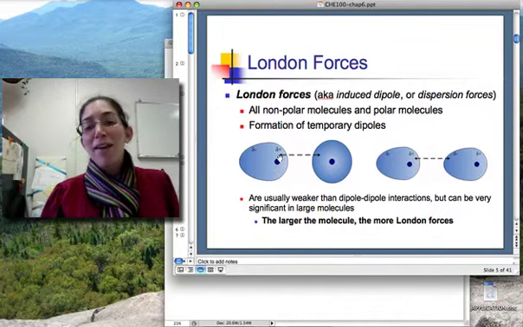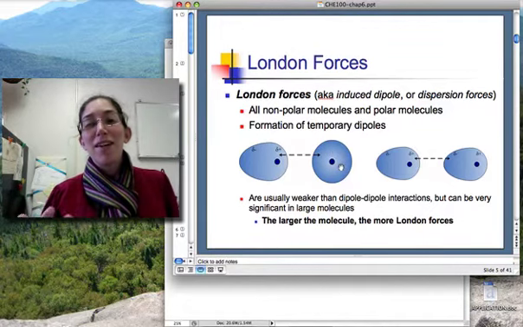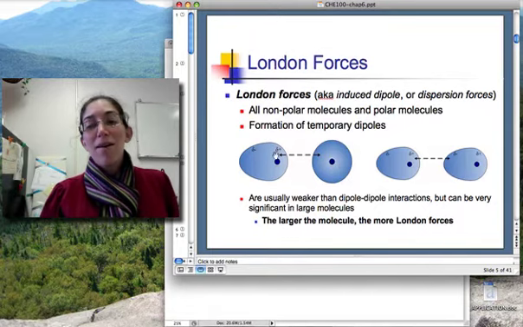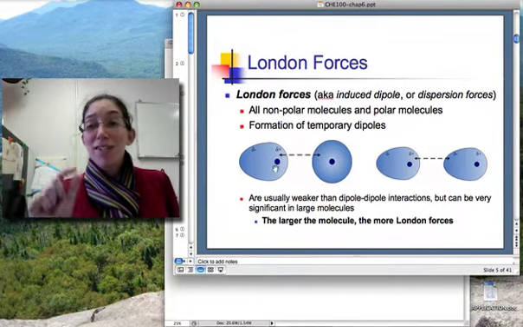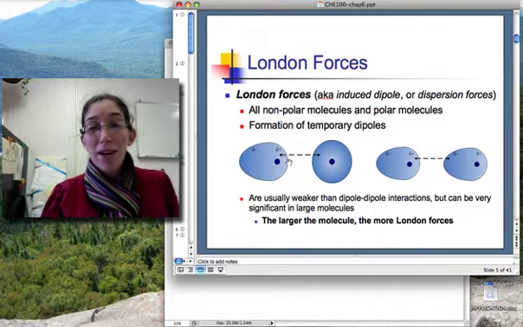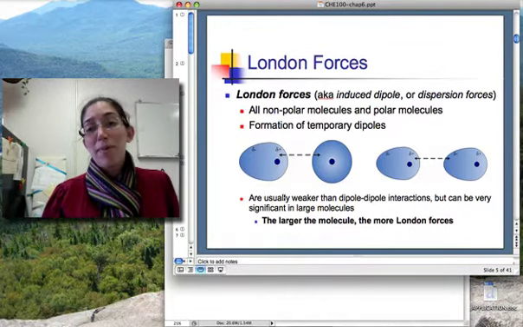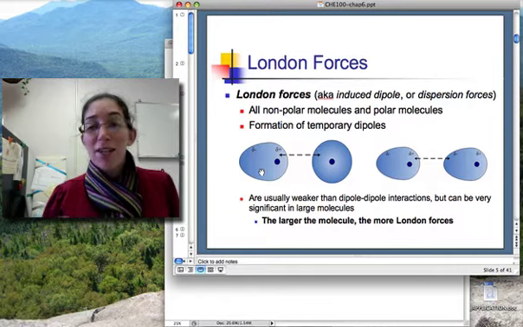So an atom, or a molecule that you wouldn't consider to be polar, can have a tiny little temporary dipole formation because of that dispersion of the electrons unequally in the molecule.